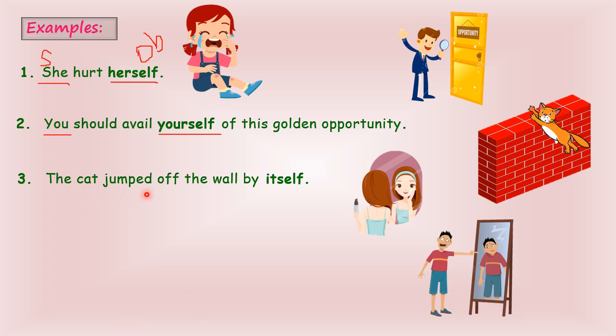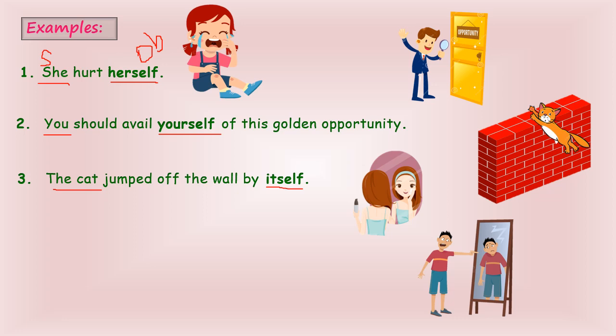The cat jumped off the wall by itself. Now children, see what is the subject here? The cat. What is the object here? Itself. Yes, wall is also an object here, but here we are talking in terms of pronoun, so we will be picking itself.